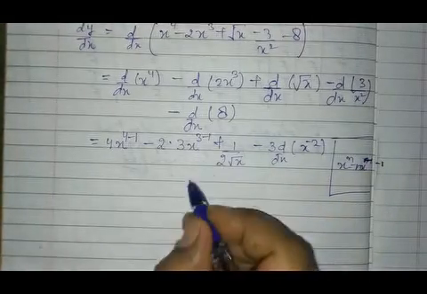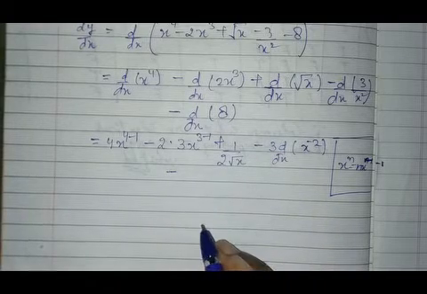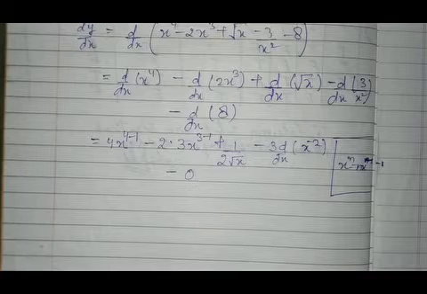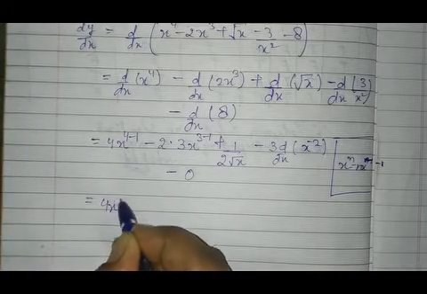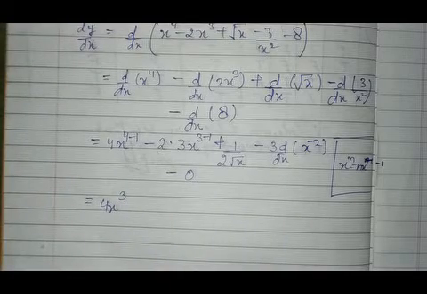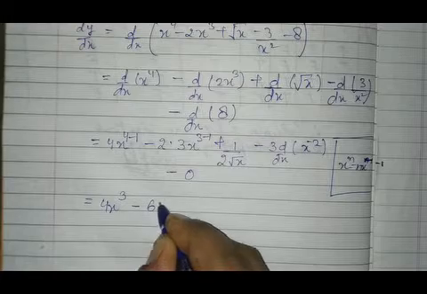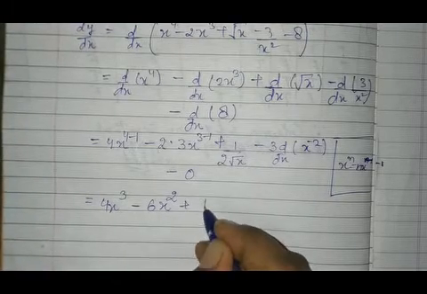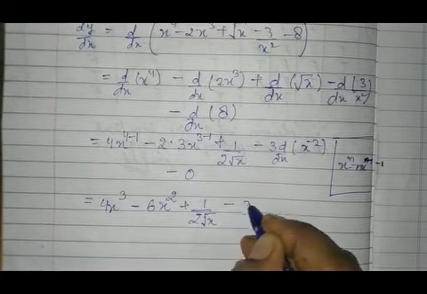Then minus, this is 8, and 8 is a constant, so the derivative of a constant is 0. Now again 4 x raised to 3 minus 2 into 3, 6 x raised to 2 plus 1 upon 2 root x minus 3.